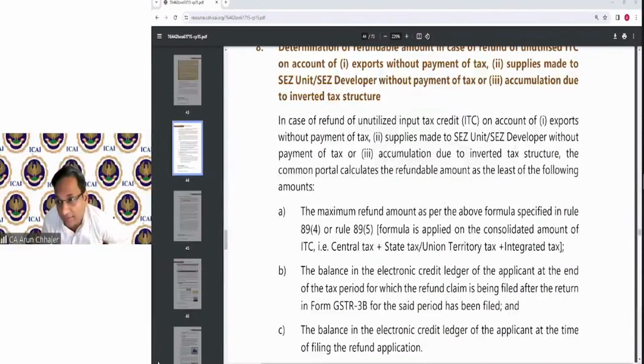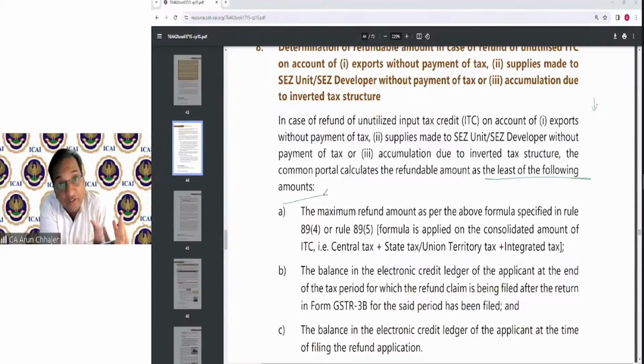When you are calculating the refund, because we have talked about any refund of accumulated ITC, the amount of the refund would be the lower of 3. See, you are calculating the refund as per the formula.